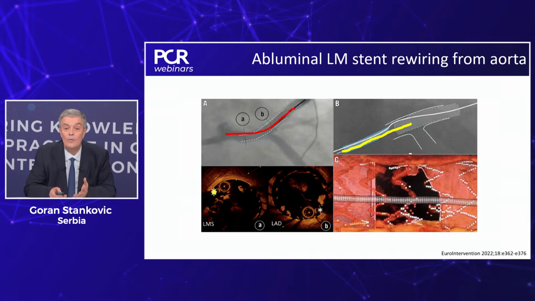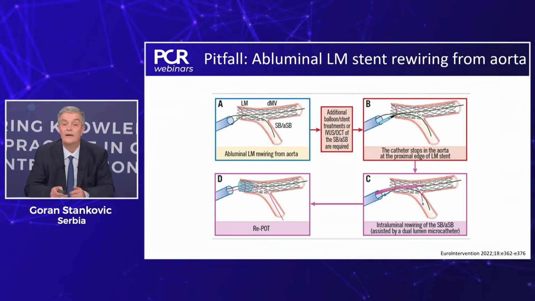On the lower left side, you see confirmation by OCT that the wire was actually abluminal, and after that we have confirmation again by OCT that with image guidance we are able to reposition, and that's also confirmed by 3D reconstruction.